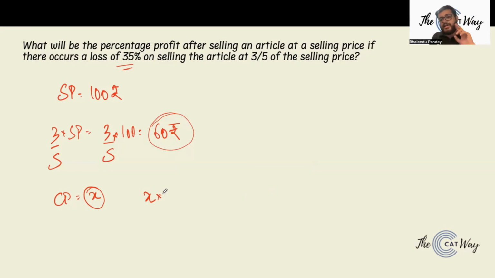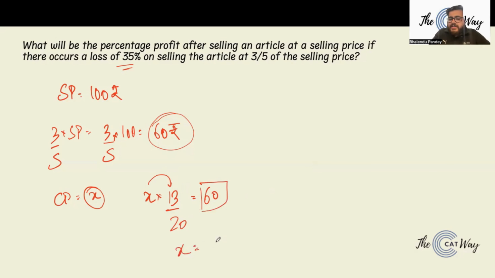So if I'm incurring a 35% loss at cost price, I'm selling it for 60 rupees.